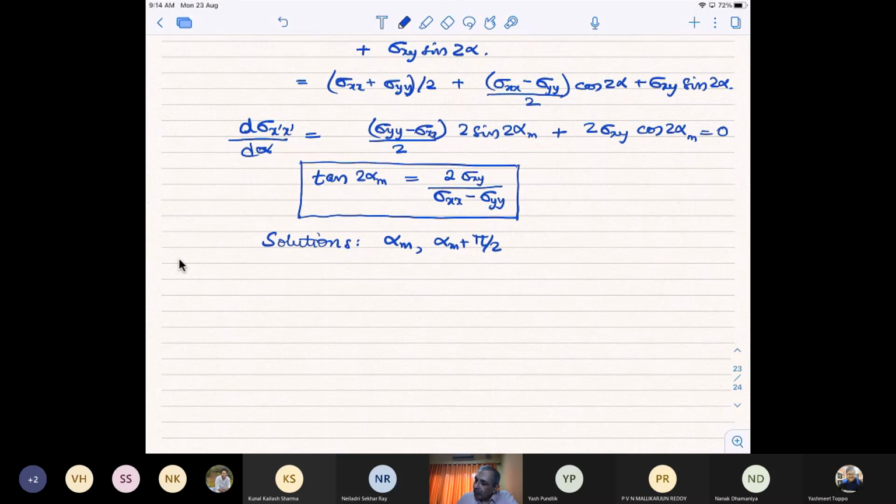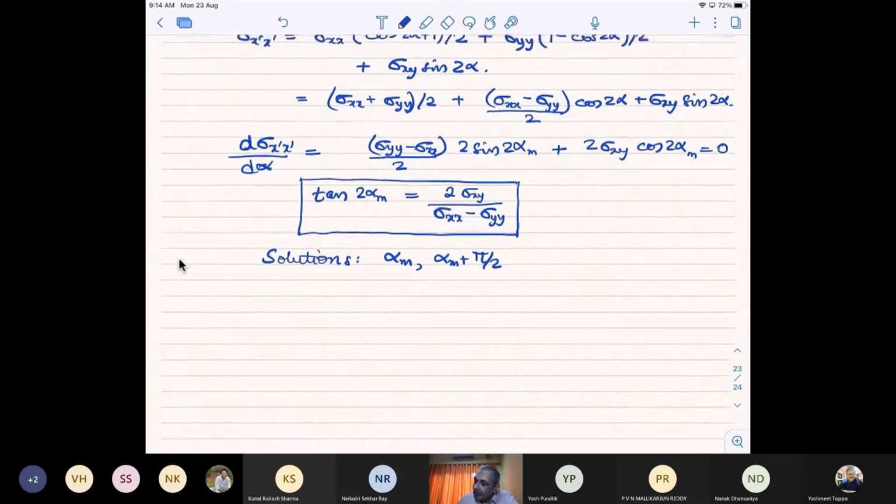One of the things that you can easily see from this formula is, supposing sigma xy is 0, then what will be alpha m? Sir, 0. So one solution will be 0 and the other is pi by 2.